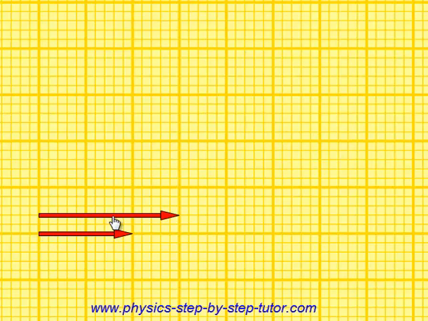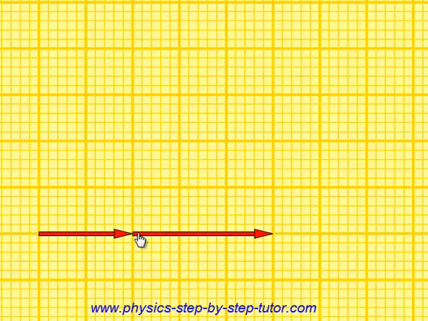Of course, the second force here, F2, has got H2 and T2. When we add vectors, we usually follow a very simple process. We connect the two vectors head to tail. So I will take this force and bring its tail to the head of this one, so that I connect the head to the tail.